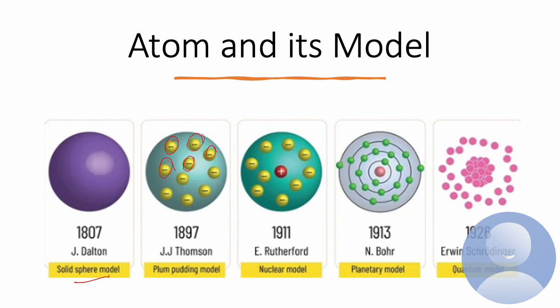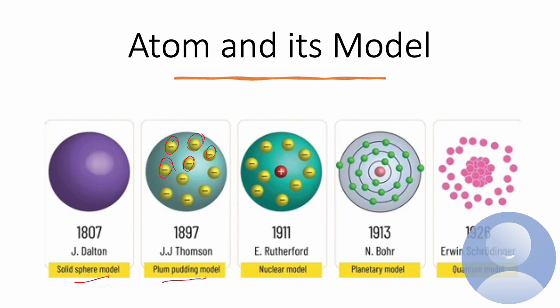This discovery shattered the idea of indivisible atoms and introduced the concept of subatomic particles. So from the solid sphere, which is indivisible, here comes Thomson, who introduced the idea of electrons, and his model is called the plum pudding model.